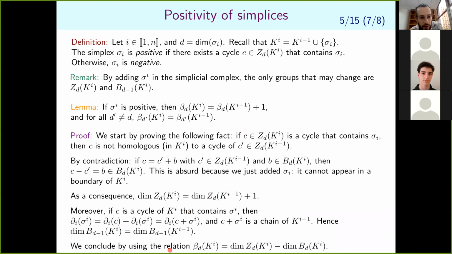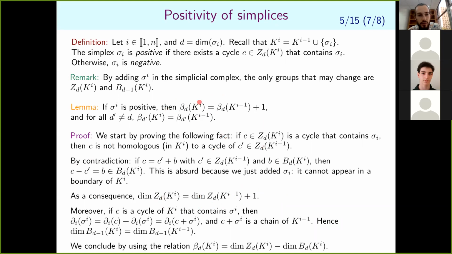So then I can conclude about the Betti numbers, because remember that the Betti number is the dimension of the homology group, and we proved that it is equal to the dimension of the cycles minus the dimension of the boundaries. The dimension of the cycles is increased by 1 in dimension d, and the boundaries of dimension d remain the same.